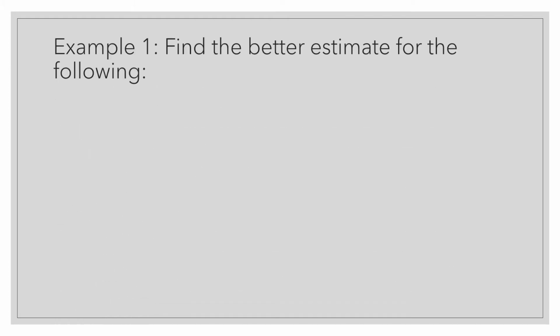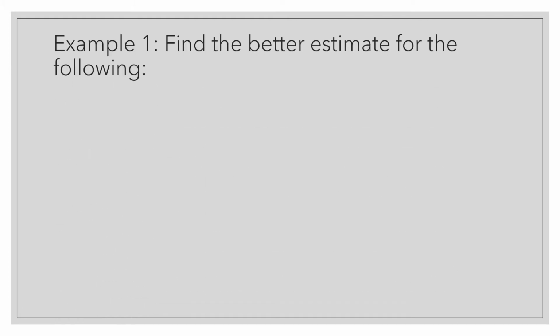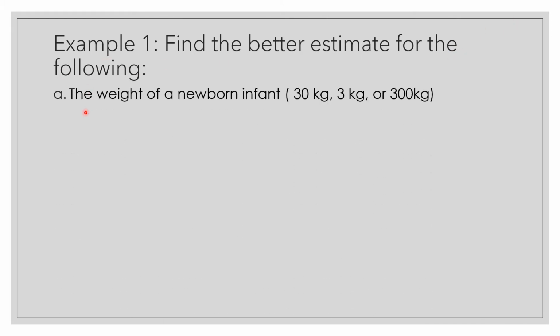Now, example 1. Find the better estimate for the following. The weight of a newborn infant. What do you think is the weight of a newborn infant? 30 kilograms, 3 kilograms, or 300 kilograms? What do you think is the answer? Letter B, a piece of paper is about 0.5 kilogram, 0.5 gram, or 5 kilograms.